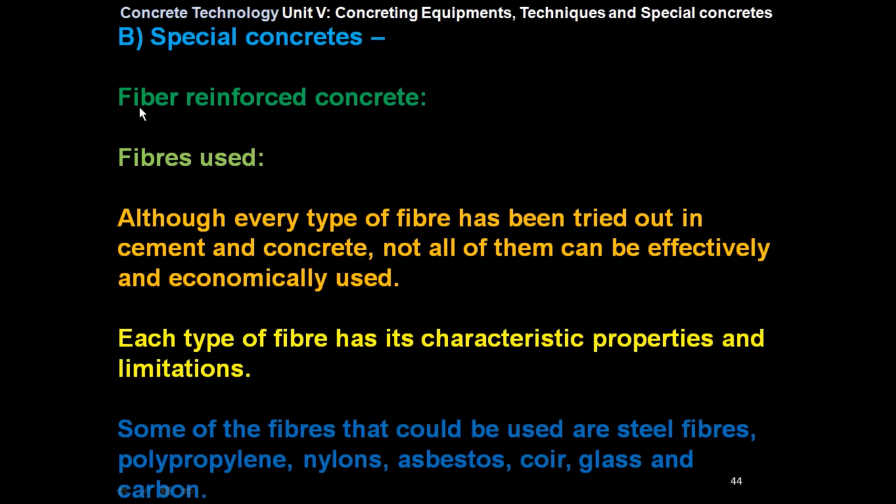Now we will see the fibers used in fiber reinforced concrete. Although every type of fiber has been tried out in cement and concrete, not all of them can be effectively and economically used. Each type of fiber has its characteristic properties and limitations. Some of the fibers that could be used are steel fibers, polypropylene, nylons, asbestos, coir, glass and carbon.